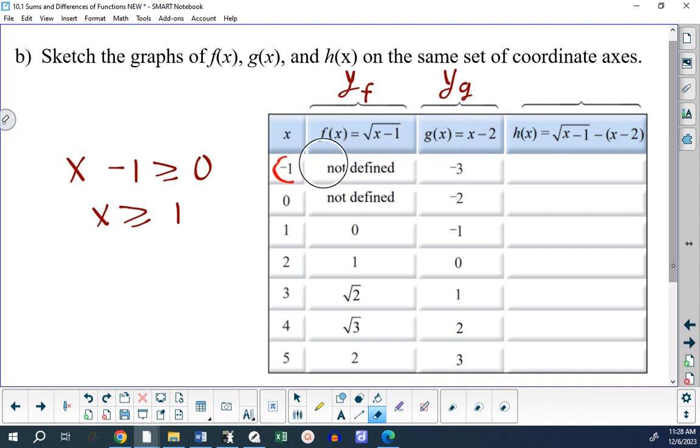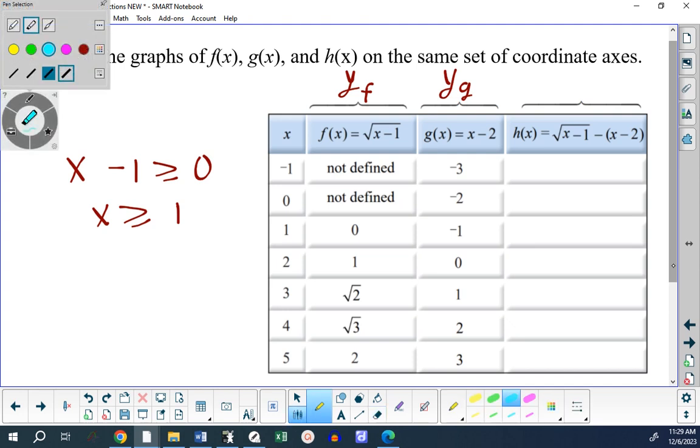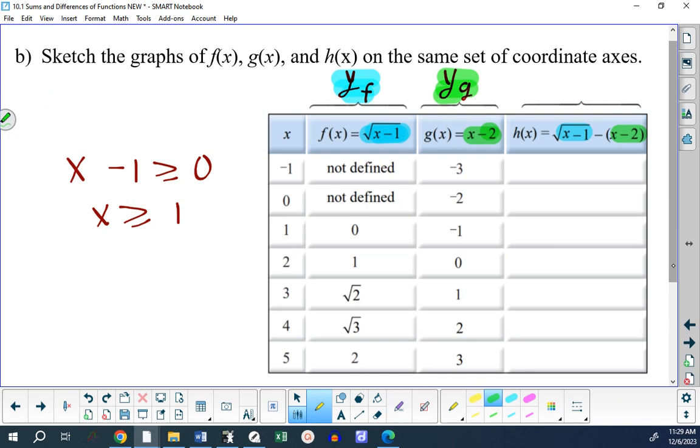So we do not need to spend time populating the table. That's not what you're learning. You could populate that table in grade 9. I hope you understand, and I'm going to explain this in a slightly different way, that since this is the y coordinate on f, and this is the y coordinate on g, then that final column is simply the y coordinate on f minus the y coordinate on g.